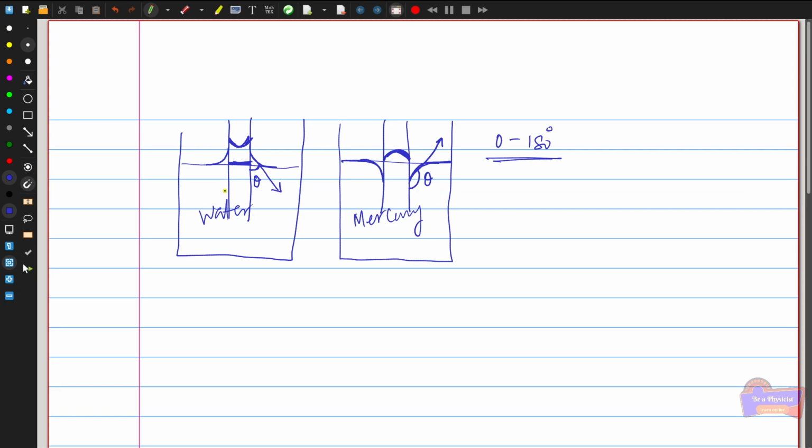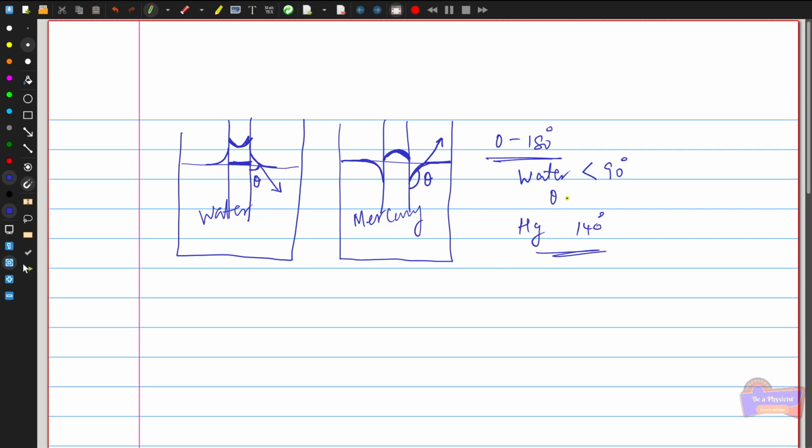However, if you take water with some small impurities, you can see this kind of shape, so the angle of contact for water is less than 90 degrees, theta. However, for mercury, the angle of contact is usually in the range of 140 degrees.